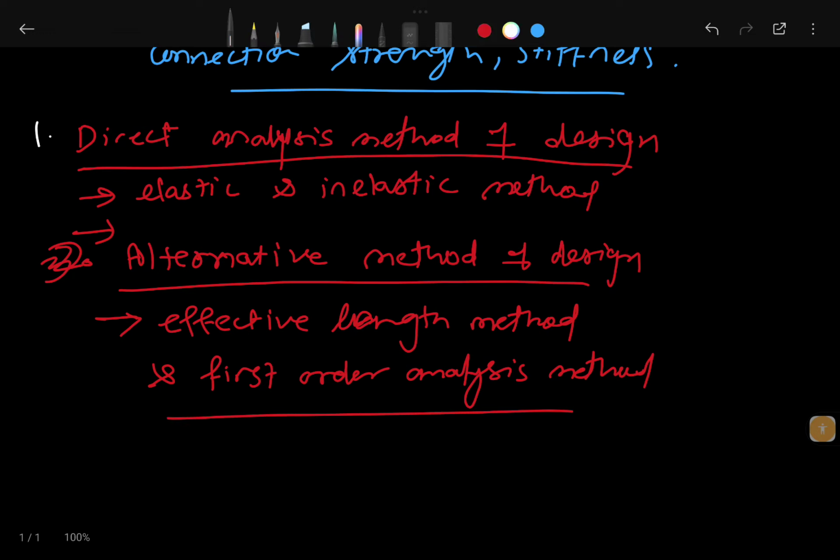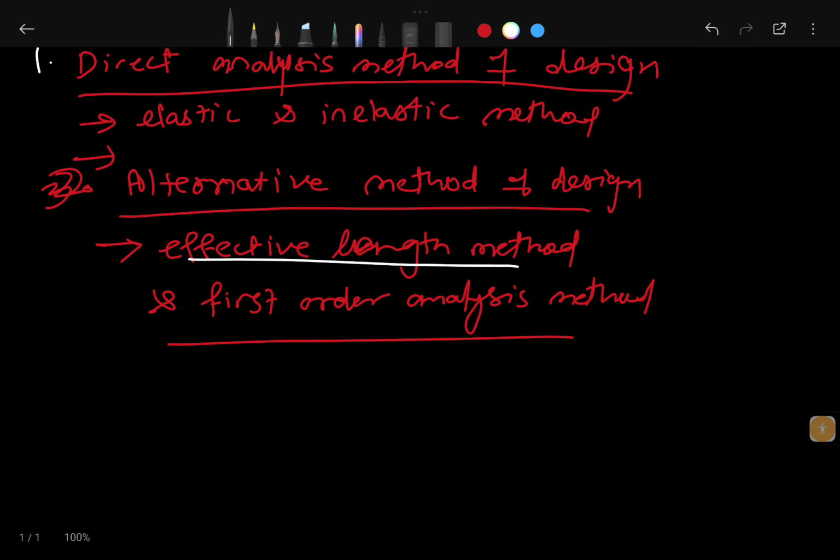These two methods, both defined in Appendix 7, are based on elastic analysis only.